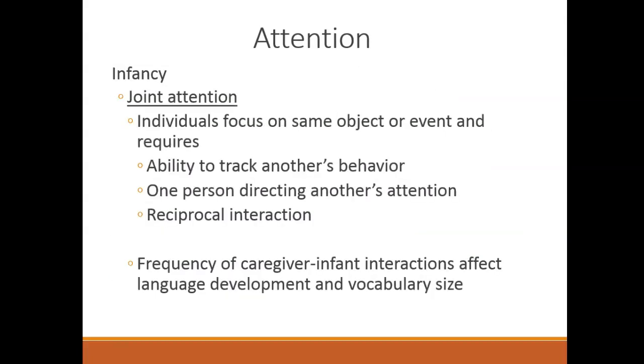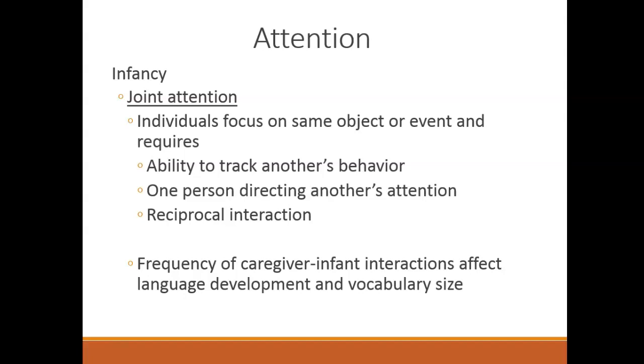Now with joint attention, individuals, like I said, are focusing on the same object or event, and it requires a couple of things. One is the ability to track the other person's behavior, just being able to notice what they're doing and follow along with that. You also have one person directing another person's attention. So in joint attention, let's say you have the mom or dad saying, look, or come over here, or check this out.